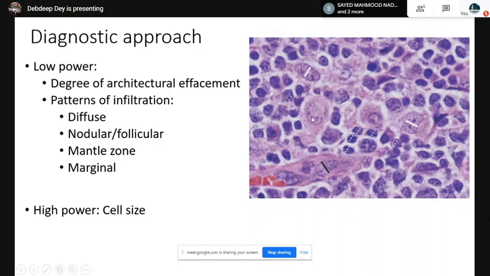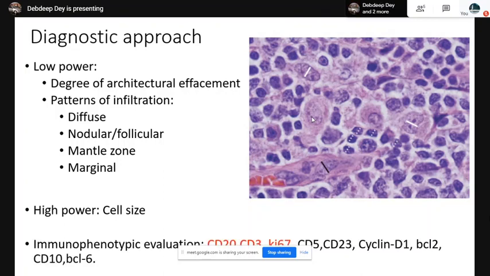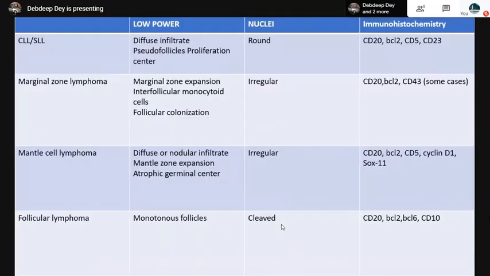After this assessment of low power and high power, we will go into the immunohistochemistry, which is doing a very basic marker initially of CD20, CD3, and Ki67, followed by the varying patterns, which I will discuss later on.